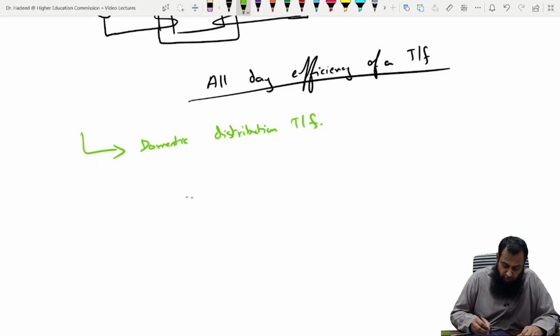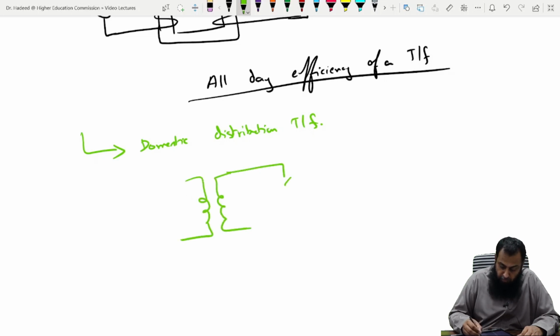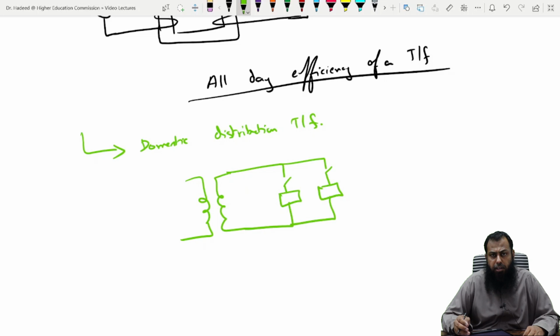These transformers have their secondaries connected with a lot of loads, and the pattern of that load depends on various parameters. For example, during the normal summer and winter, other than the winter vacations, we have the children going to school.